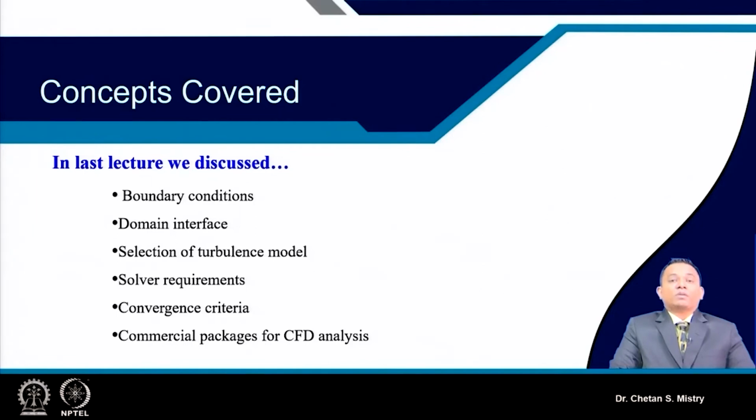We put some observed parameters with some RMS value or average value, which will be continuously monitored, and that gives you confidence in the simulation. Then we started discussing different commercial packages for CFD analysis.